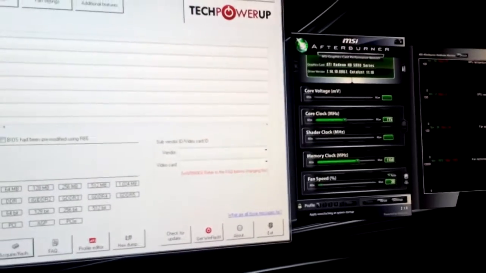So I'm just going to open RB again, and I'm going to do basically the same pattern, see if we can get some sort of flickering with this setup going on here. There's Afterburner.